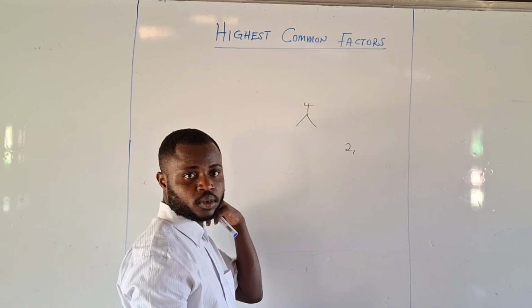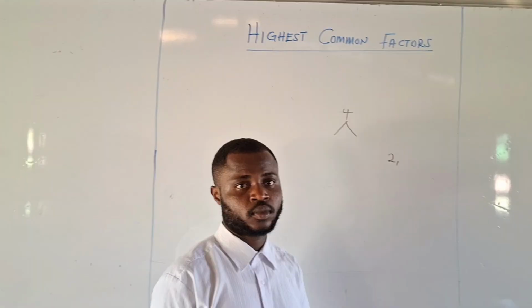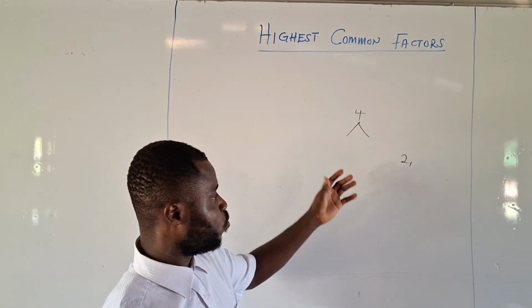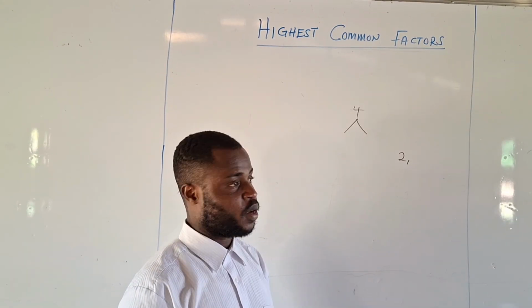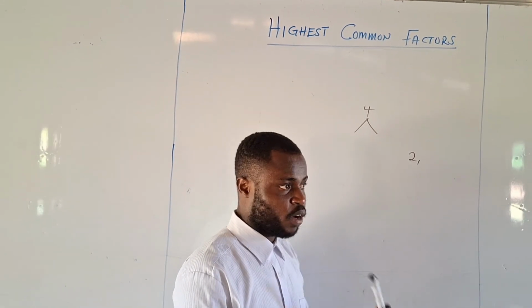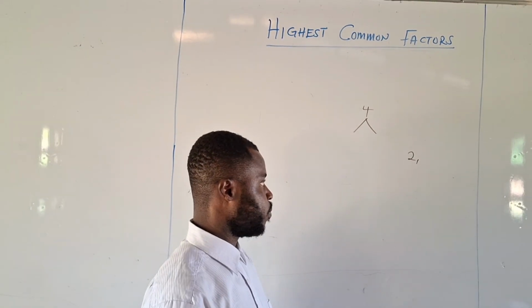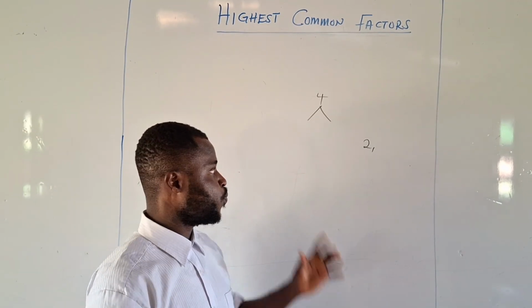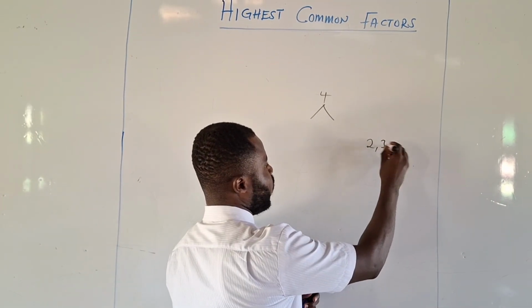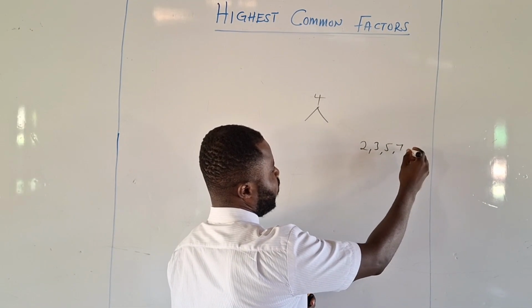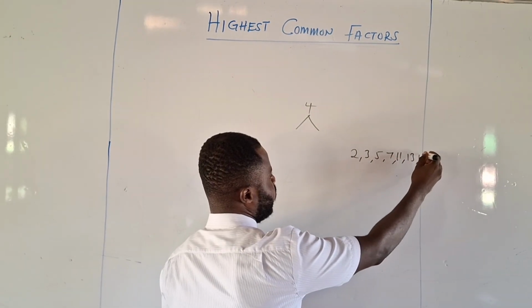So of the two numbers you are going to multiply, one of them should be a prime number. The first prime number we have is 2, then we have 3, then 5, 7, 11, 13, 17, and following.